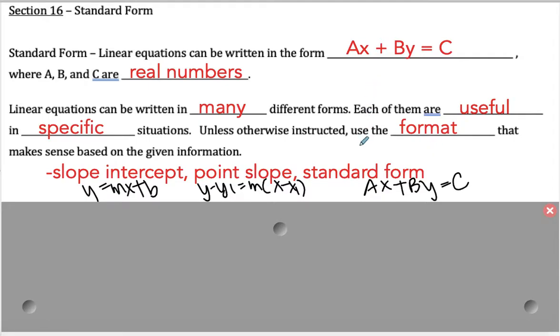And so we want to work with these situations. We have some context problems we're going to look at, and you will write the equation in all three formats: slope-intercept, point-slope, and standard form. The information provided will help us decide which of the three forms we're going to start with.